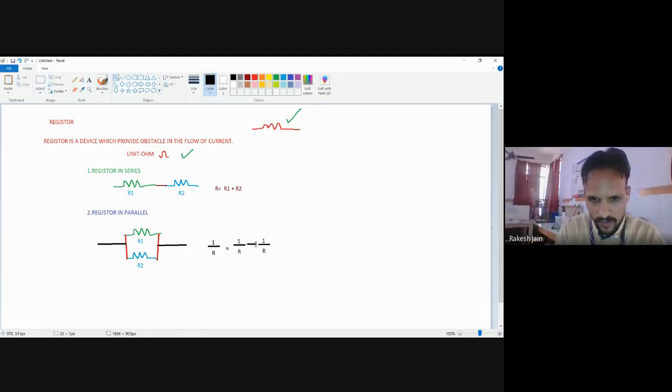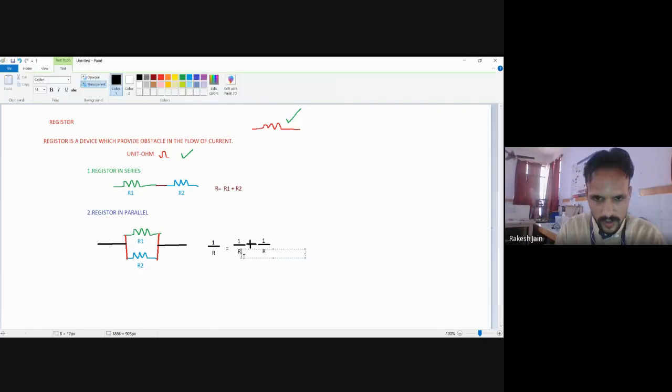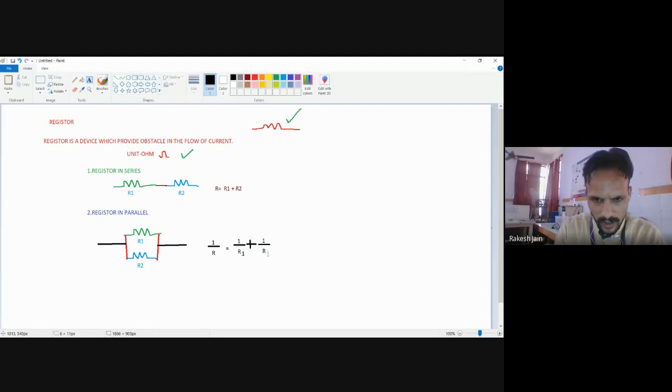So the formula is 1 upon R is equal to 1 upon R1 plus 1 upon R2.